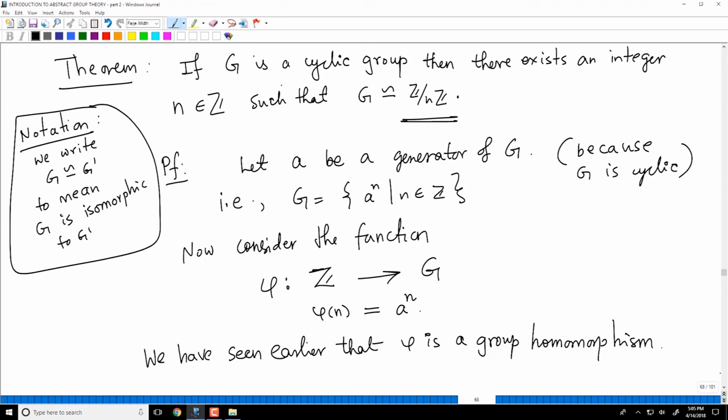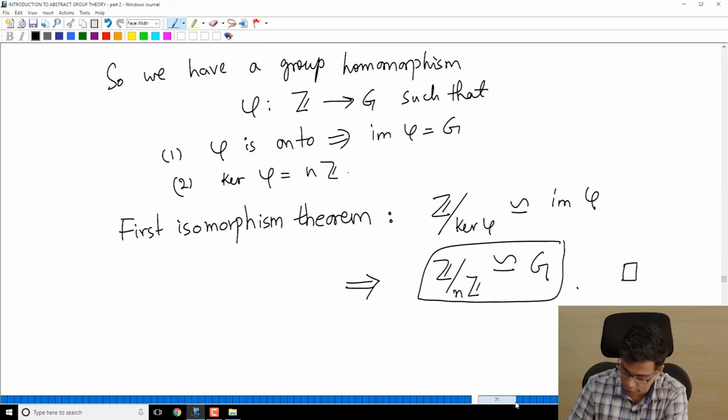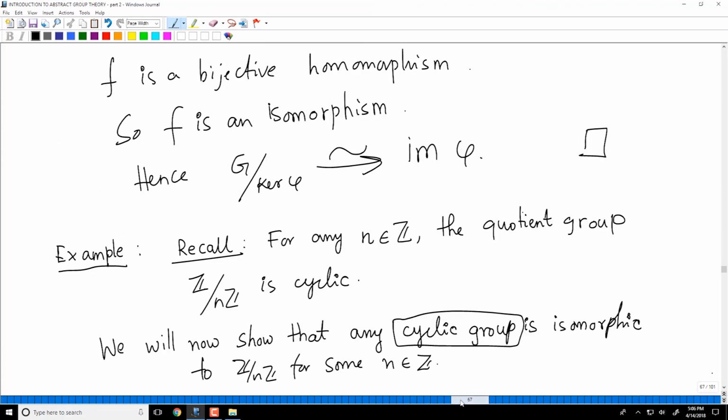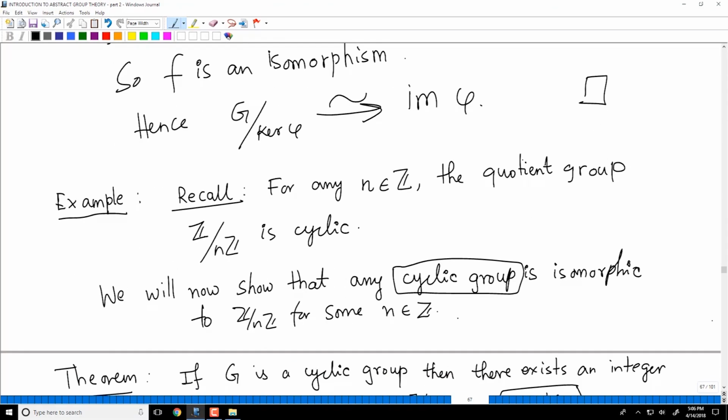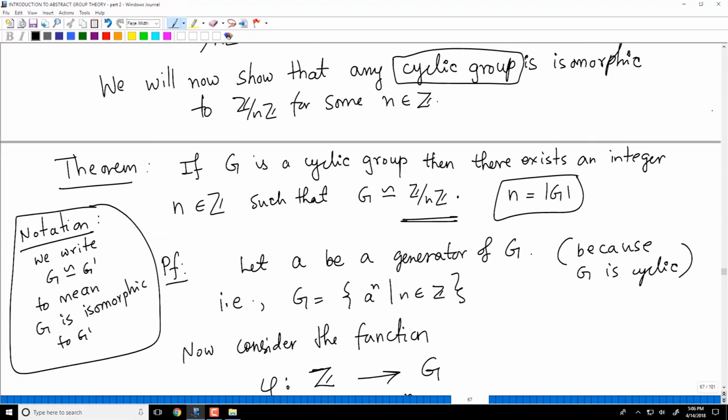I should have been more precise in my statement of the theorem. I wrote here that if G is a cyclic group, then there exists an integer n such that G is isomorphic to Z mod nZ. But what is n actually? n cannot be an arbitrary number, n has to be related to G. Here n is the order of G. Why is n equal to the order of G?